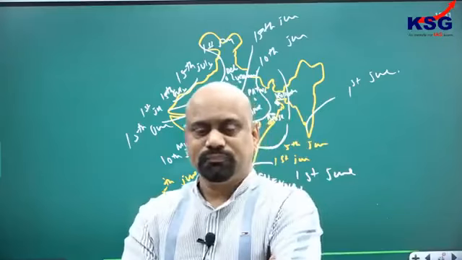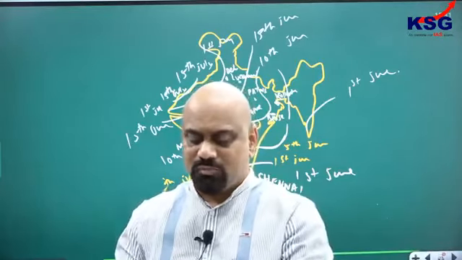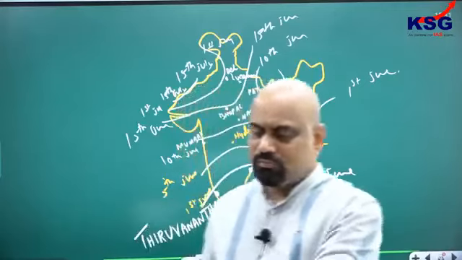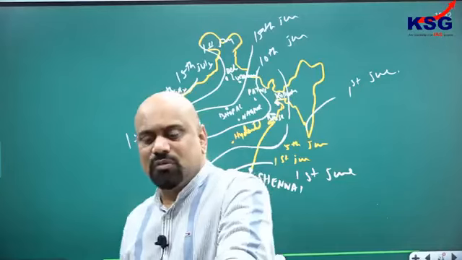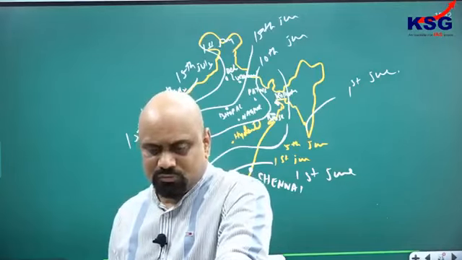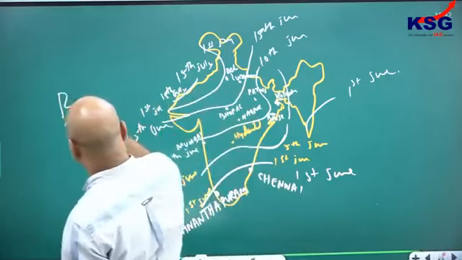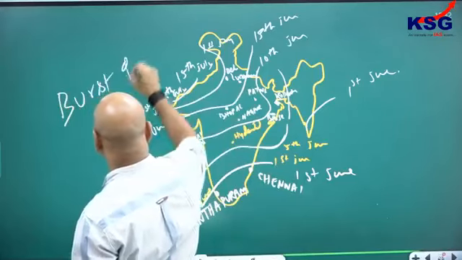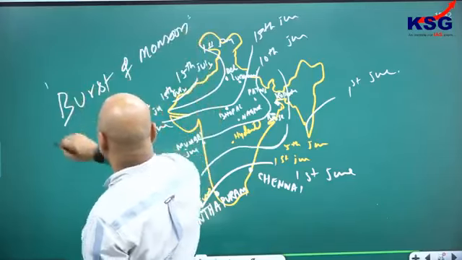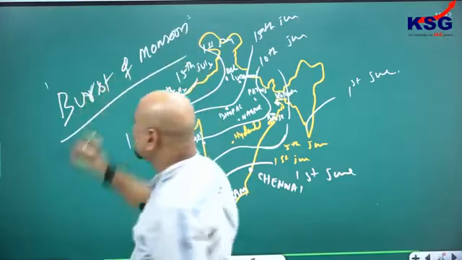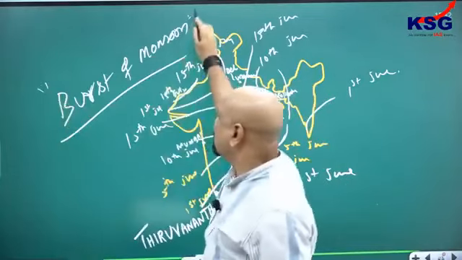Then gradually it established itself and it branched up into two parts, as you know. Arrival of the summer monsoon in India is called the burst of monsoon.